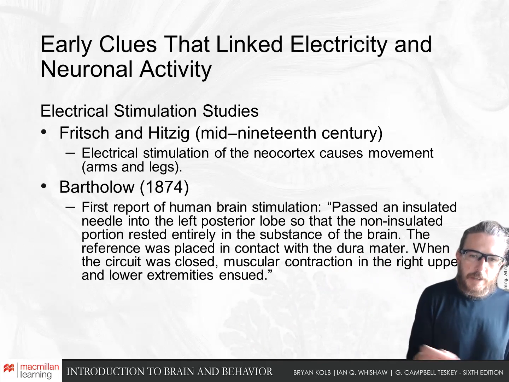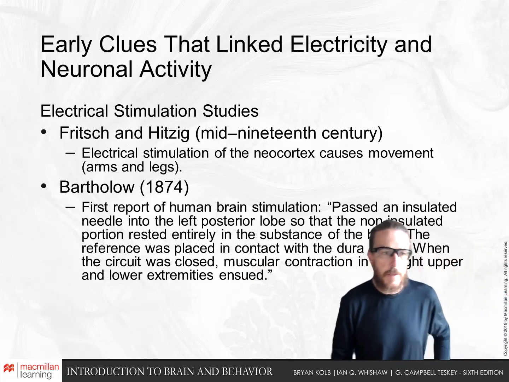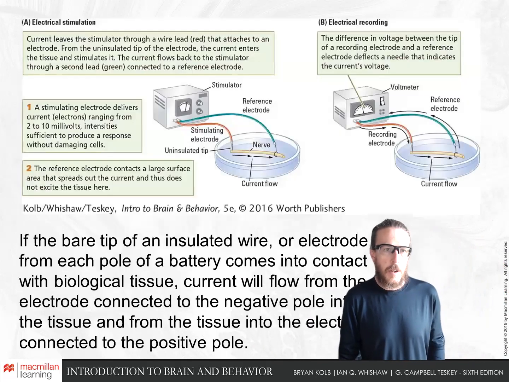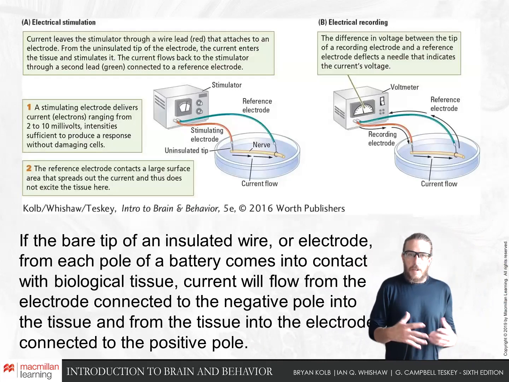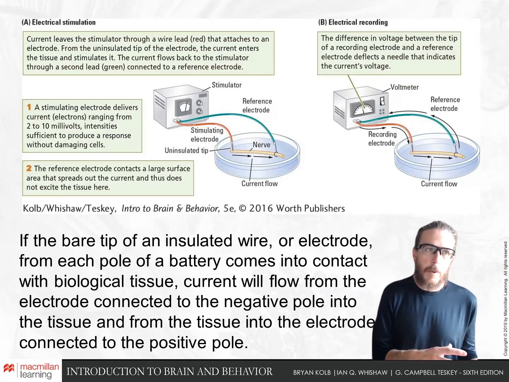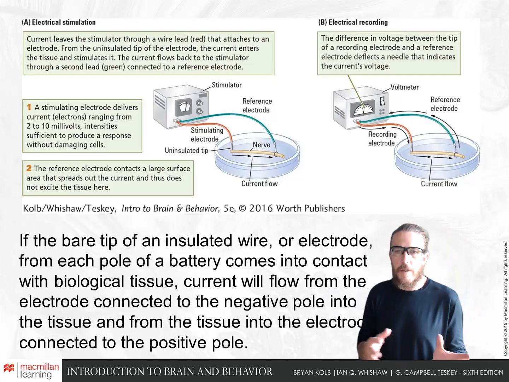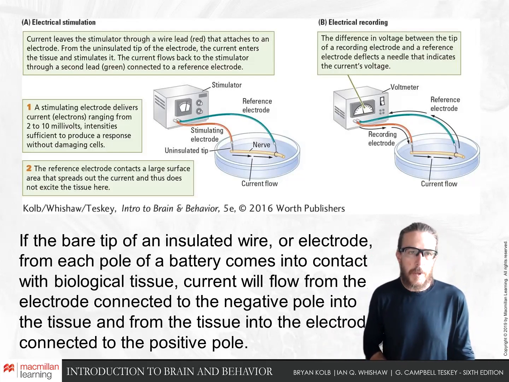And when he passed current through that electrode, the muscles of the body of the patient moved. So if we isolate a single neuron, a nerve, for example, in a petri dish, like in these diagrams, we could think about both electrically stimulating that nerve or recording the activity of that nerve with different equipment.